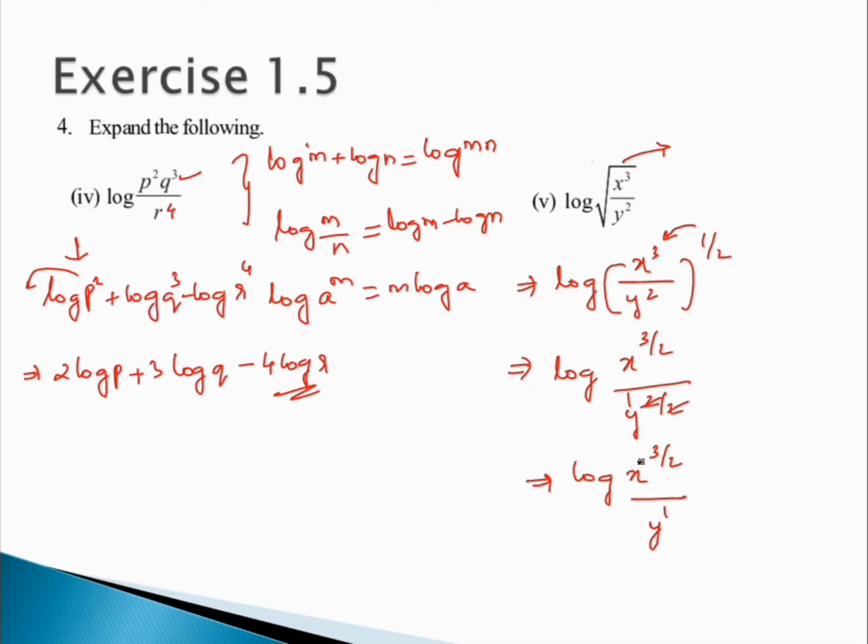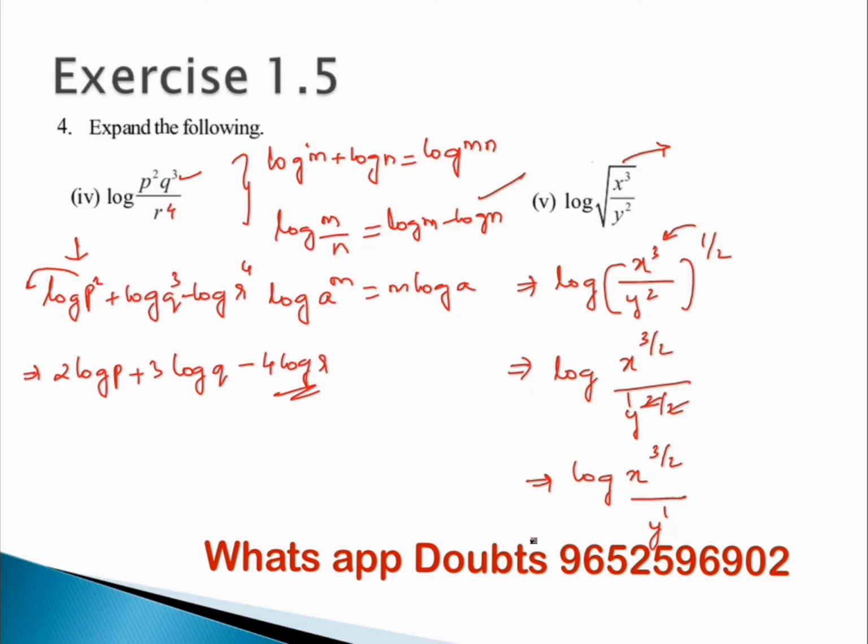So this is m by n. You use this formula again, and I'm using that formula again. I'm getting 3 by 2 as log x minus log y, which is your required answer. Right? I think I have skipped a step here, that is log of x to the power of 3 by 2. Now I need to shift so that I'll have this answer at last.